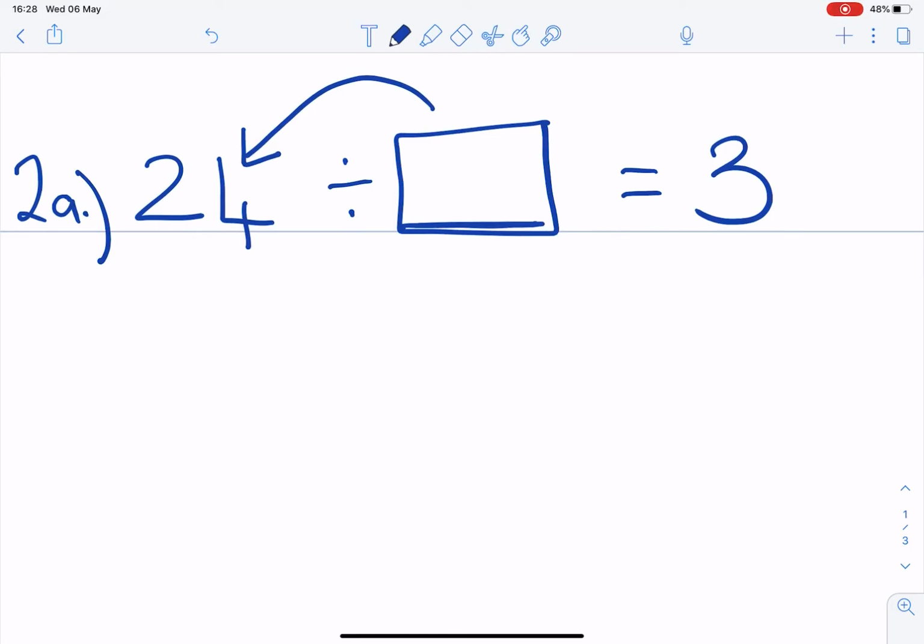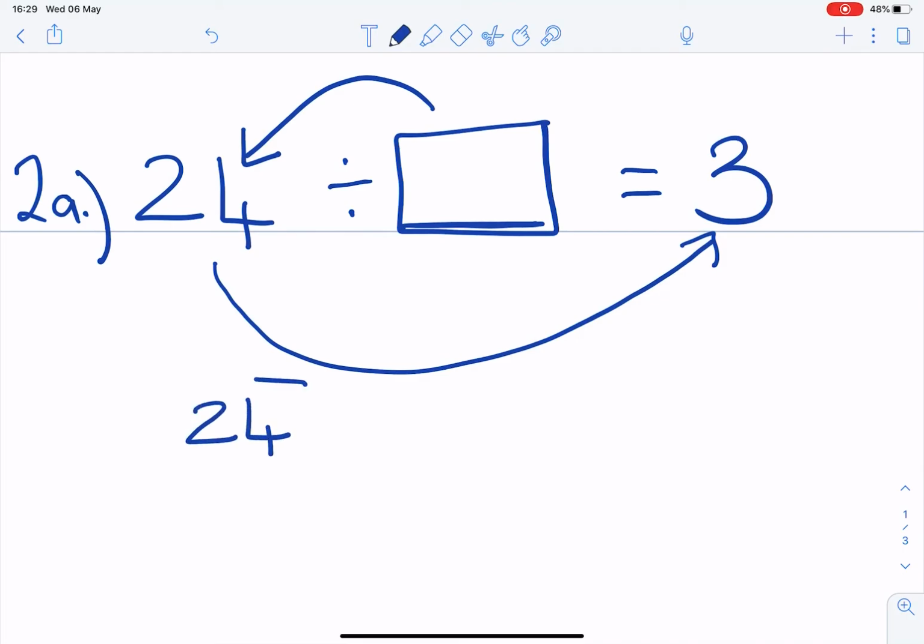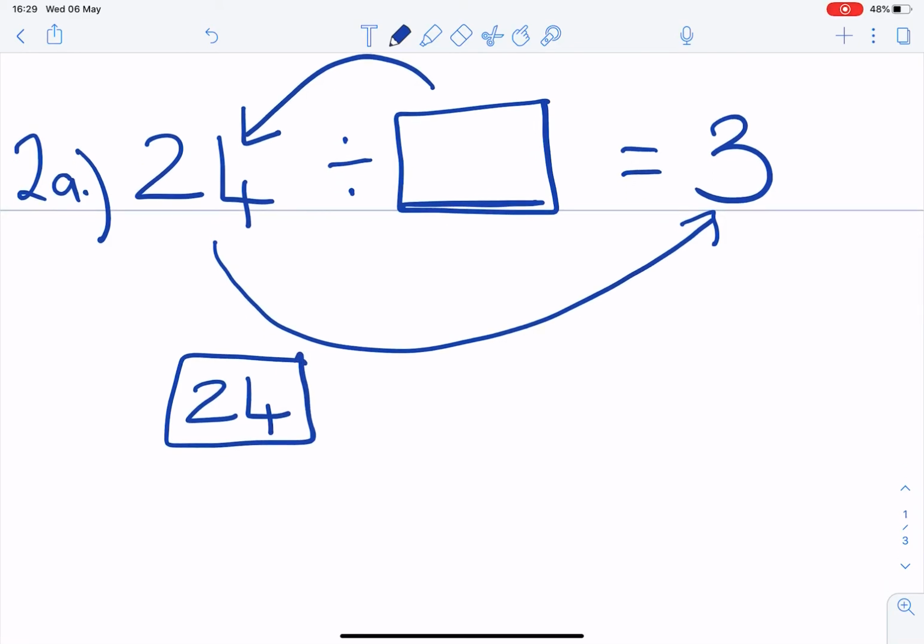How will you do that? 24 divided by 3 is 8. And 24 divided by 8 is 3. How do we know this? In years gone by, you've been asked to make up 4 sums about a number using times and divide.